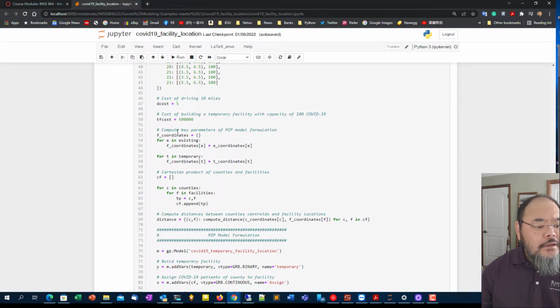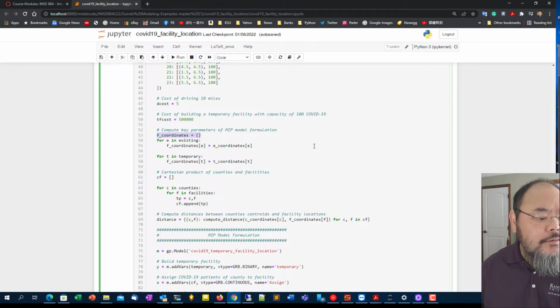Here we can calculate the key parameters. I'm going to add another dictionary called F coordinates. F coordinates includes all the existing facilities' coordinates and adds all of the temporary facilities' coordinates into this.